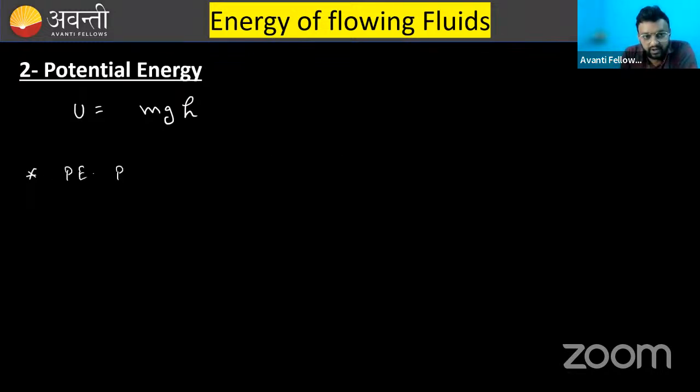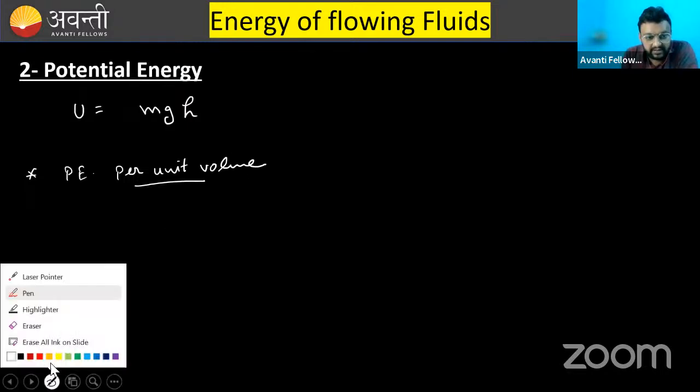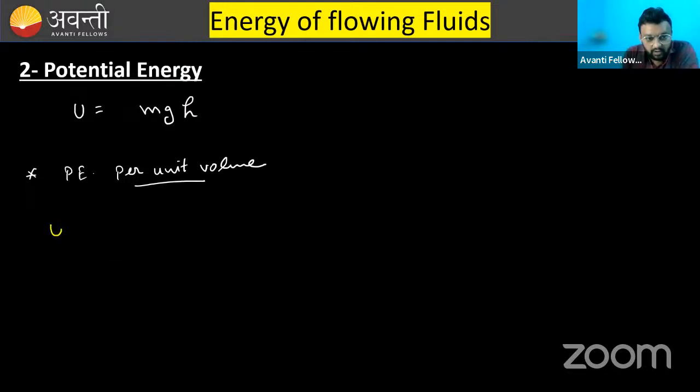If I say again potential energy per unit volume, what will it become? Potential energy is U, per unit volume V, is equal to mgh. This is the original potential energy, divided by the volume.